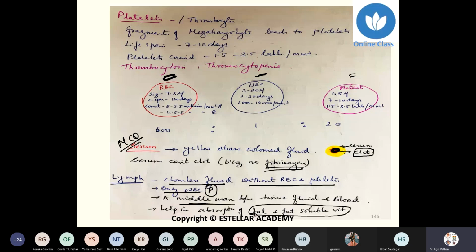So what are the vessels present in the intestine which absorb the lymph, which absorb this fat? Who can answer this?